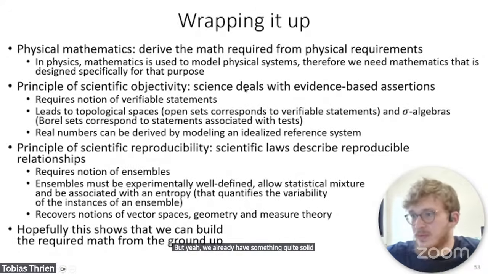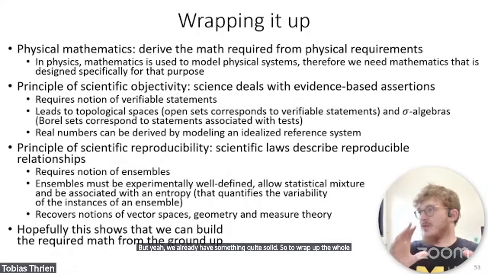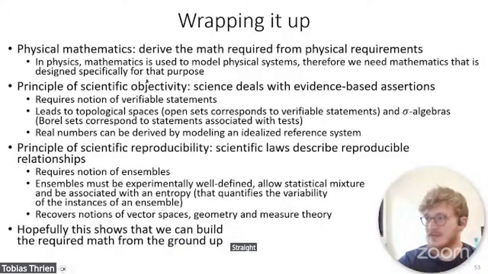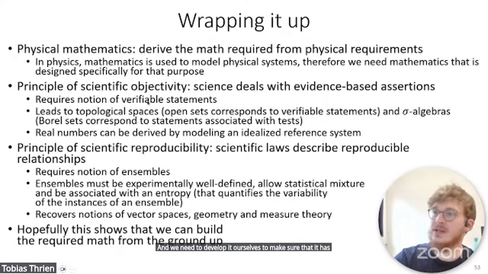So to wrap up the whole talk, the whole second talk, actually also the first one, what I talked about was physical mathematics in general. So we really derived math straight from physical requirements. We only develop math that's used to model physics, and we need to develop it ourselves to make sure that it has a physical purpose.